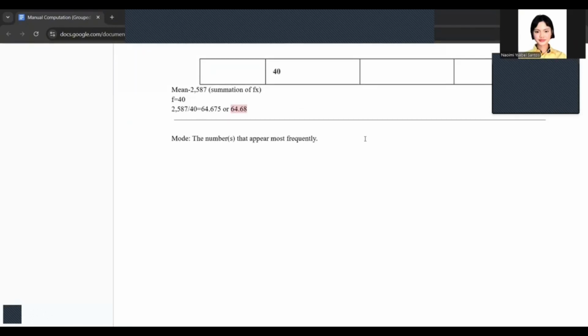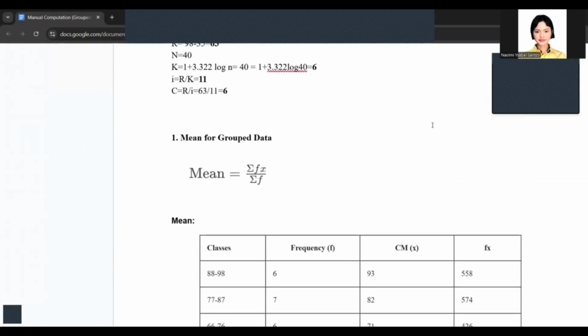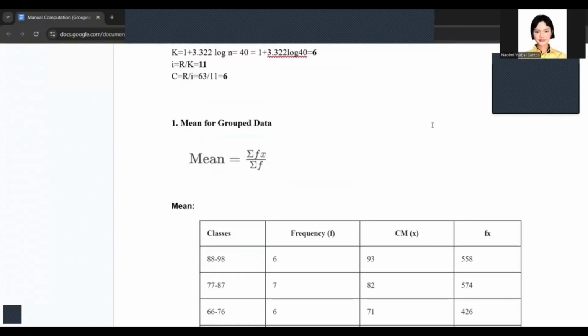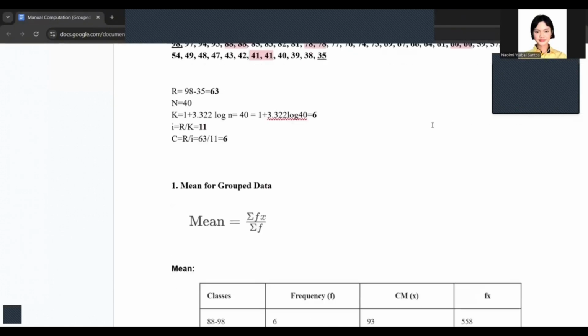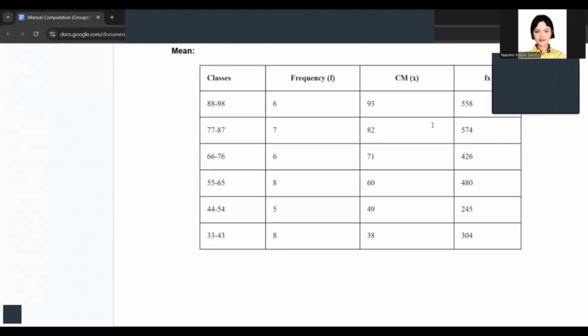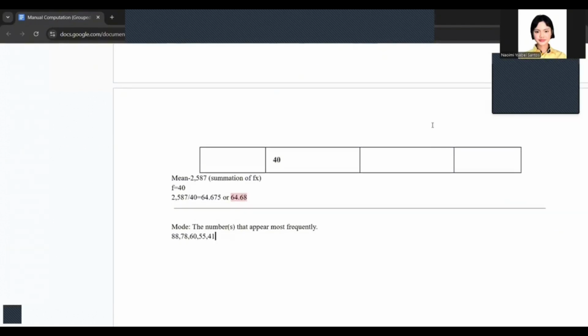So we have 88, 78, 60, 55, and 41 as our mode for this example.